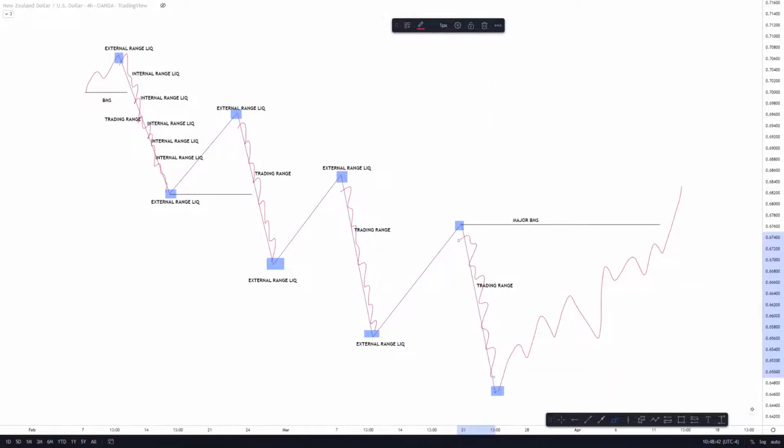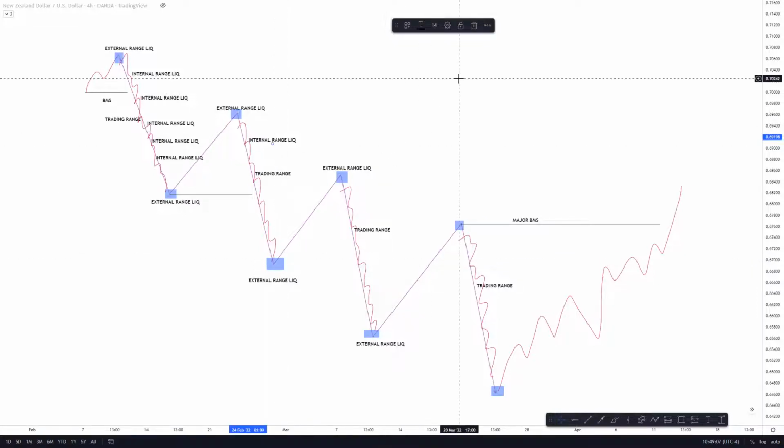So this is how I see the market. I call this internal range liquidity, the lower high, lower low, lower high, lower low, and the whole range from here to here I call a trading range, and the last high and the last low I call external range liquidity.